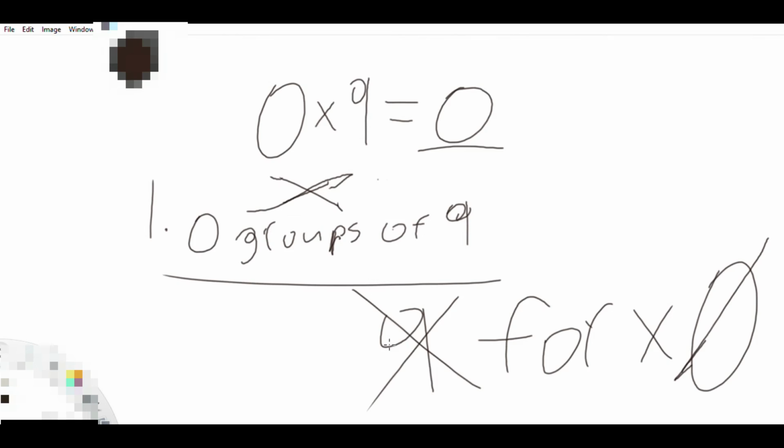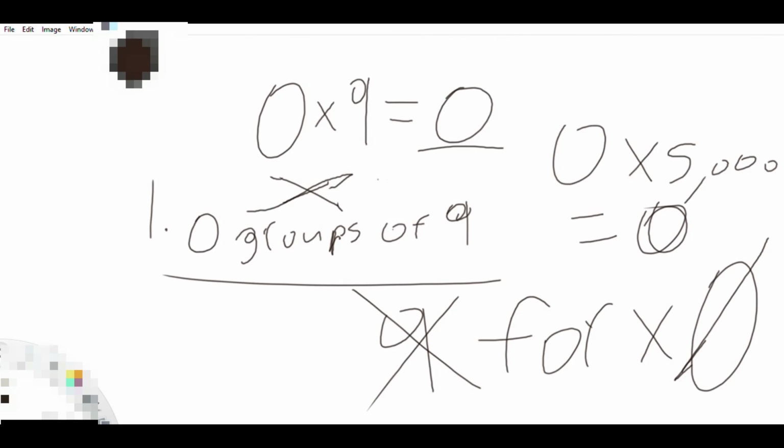This applies for every single number that you multiply with 0. For example, the answer is 0 for 0 times 5,000. Answer is 0.